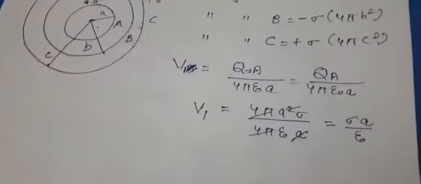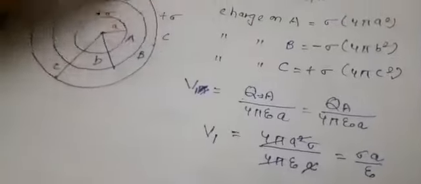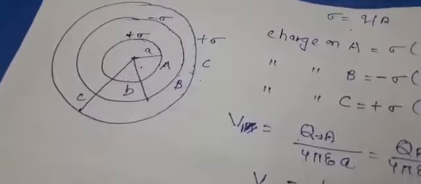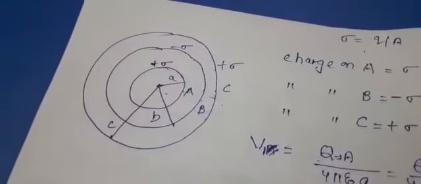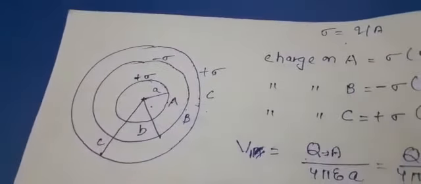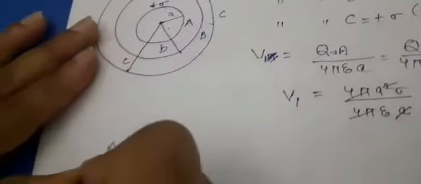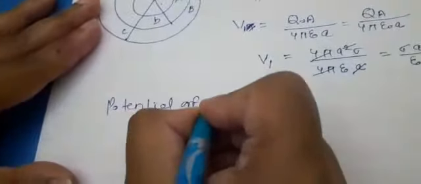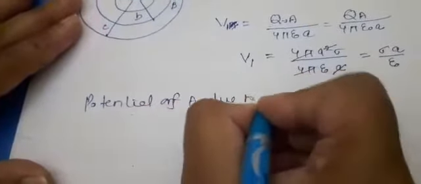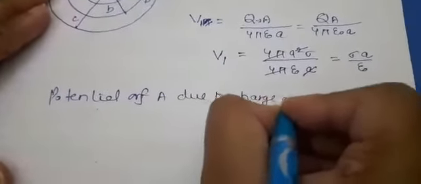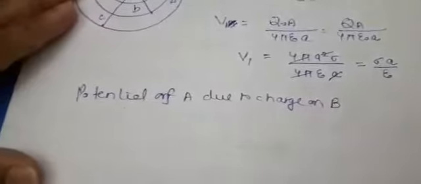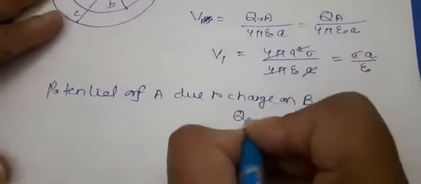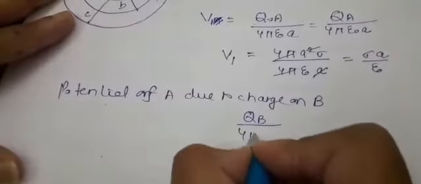Now see, we have calculated the charge on B, but that is situated at a larger distance, that is at radius B. Now you have to calculate the potential of A due to charge on B. This will be QB upon 4 pi epsilon naught.